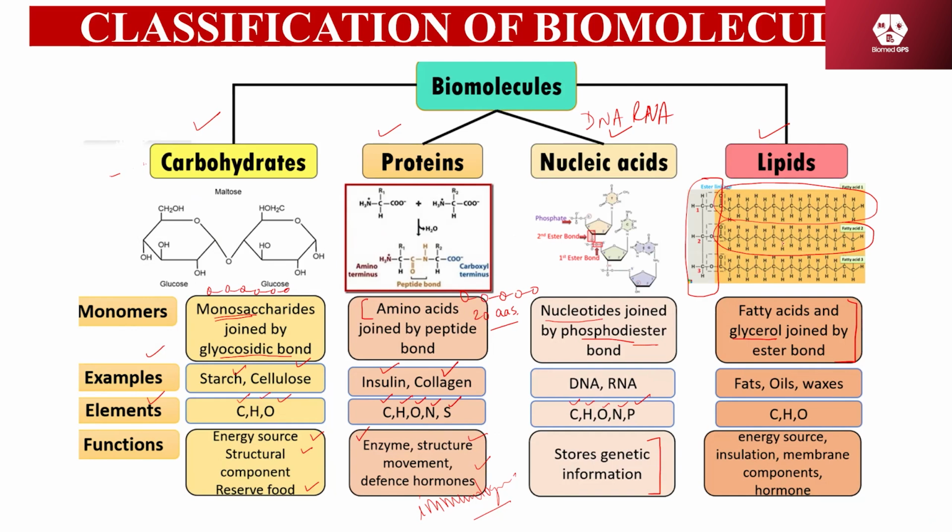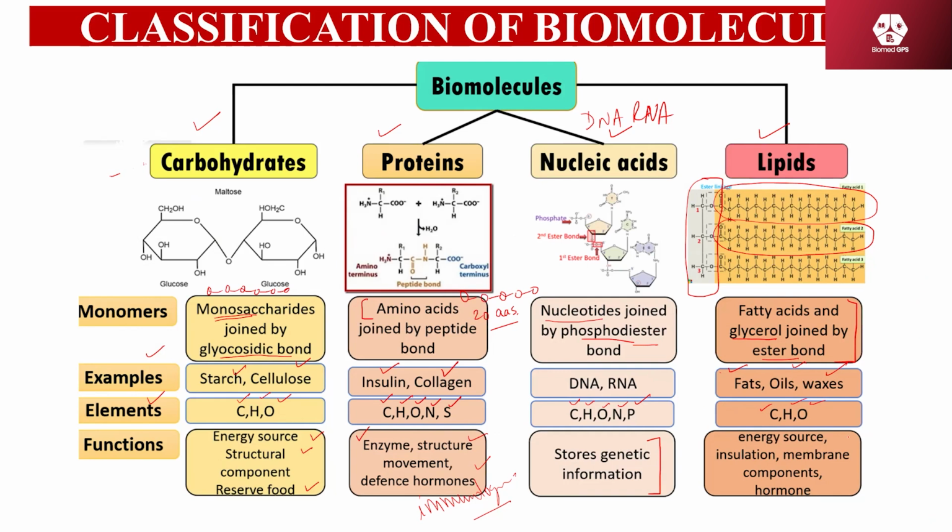But for now, just for the brief introduction, we are looking at this diagram. The fatty acids join to the glycerol backbone through ester bond formation by the process of esterification, and that is what we call the lipids. The different examples of lipids include fats, oils, and waxes. The basic constituents of lipids include carbon, hydrogen, and oxygen.